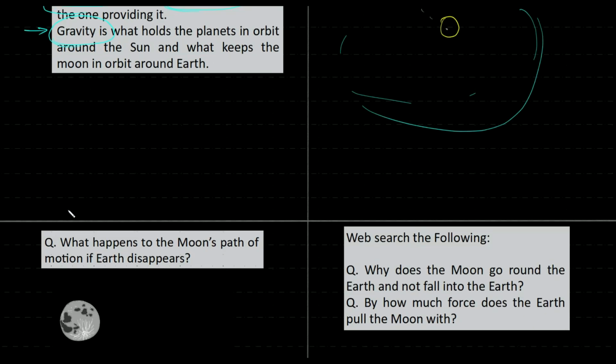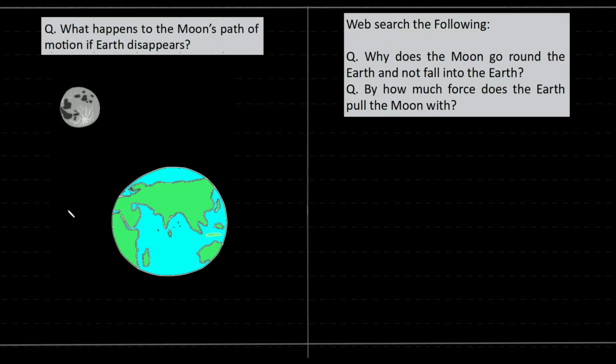Now, to answer this question: what happens to the moon's path of motion if Earth disappears? The moon takes a circular path because it's being pulled by Earth. Centripetal force is provided by Earth.